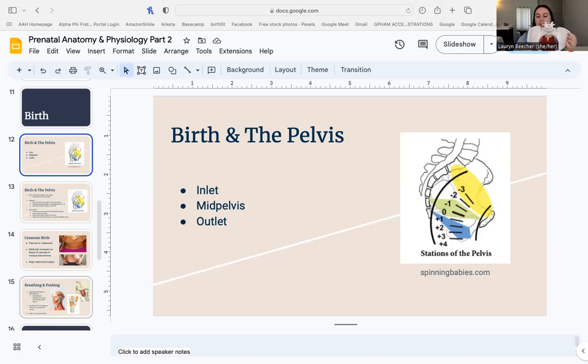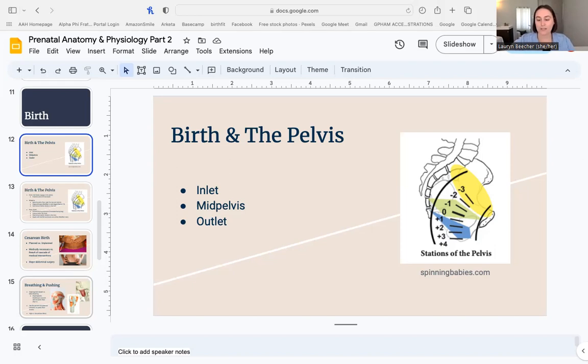Then where the green shape is, that's the mid pelvis, and it's in line with what we call the ischial spines, a certain level in the sacrum. And then the outlet, as you may have guessed, is the opening at the bottom, also indicated by the blue shape in the picture.